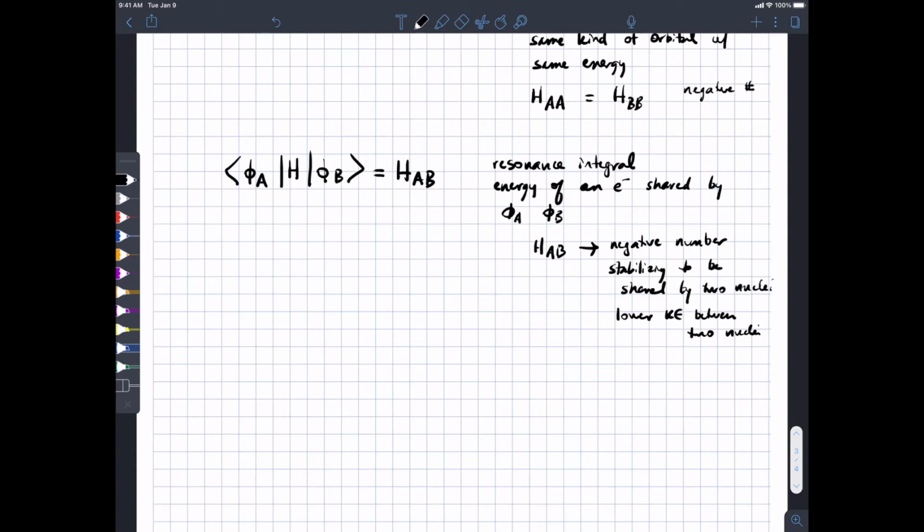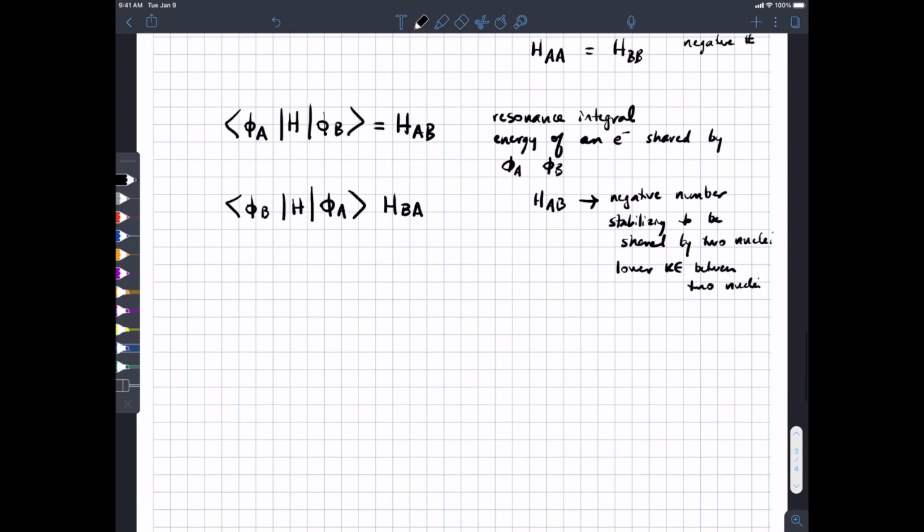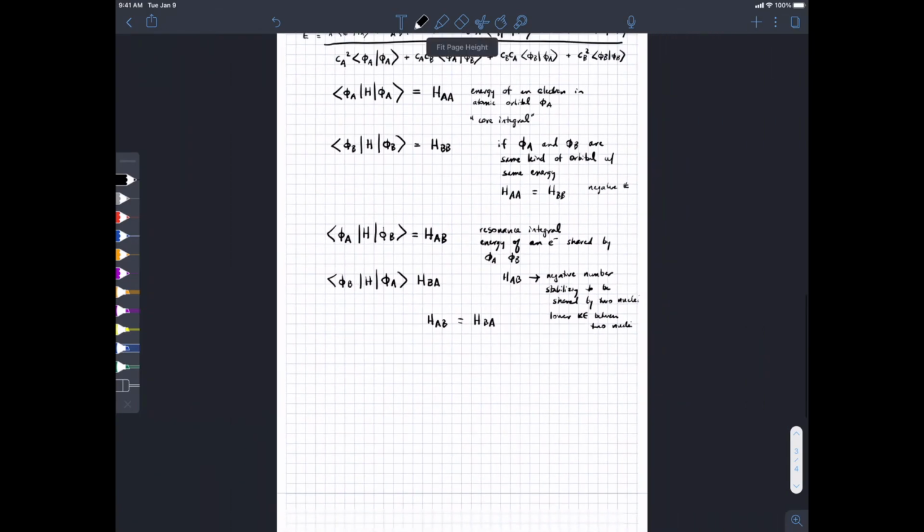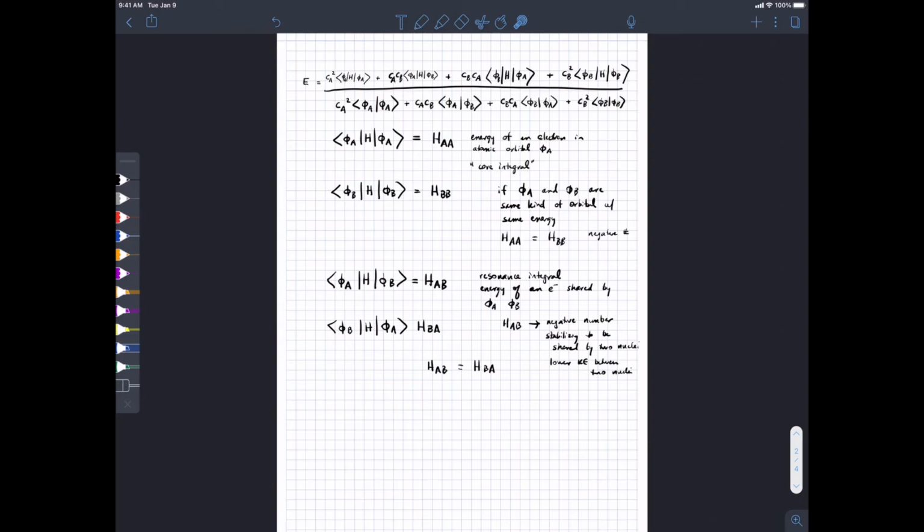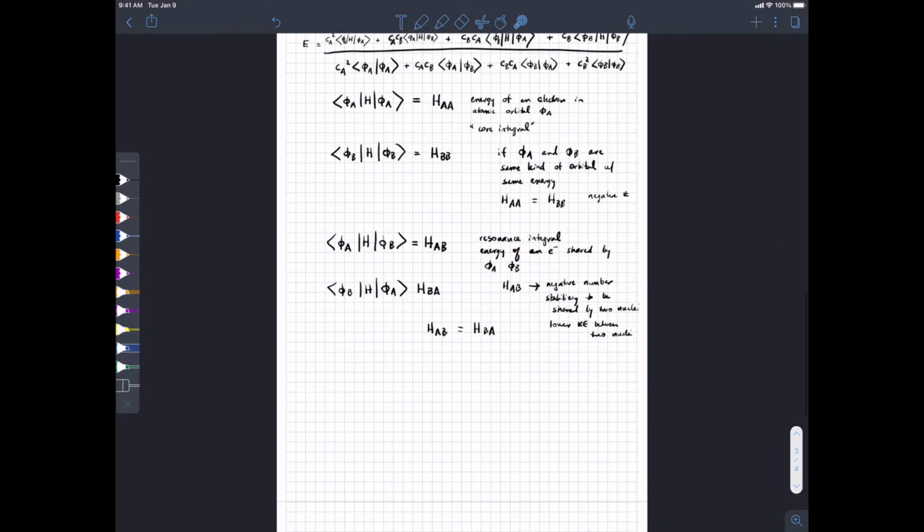All right, because phi A and phi B are identical, it should follow that the other resonance integral HBA, the energy of an electron shared by phi B and phi A, is equal to the first one. Okay? So now we've simplified these two terms, or we've figured out a way to abbreviate them.